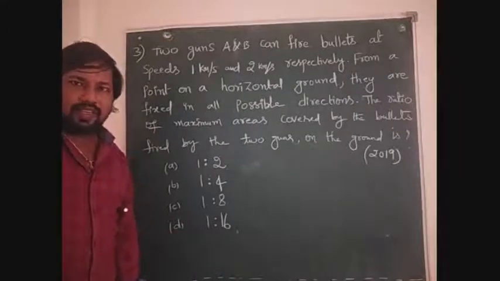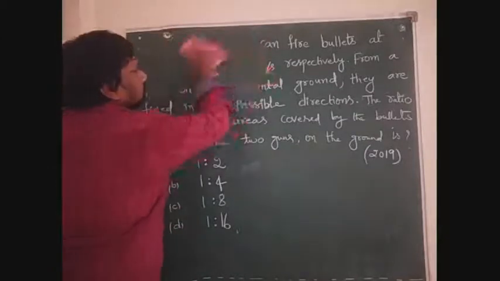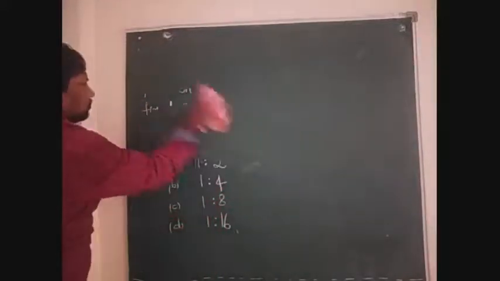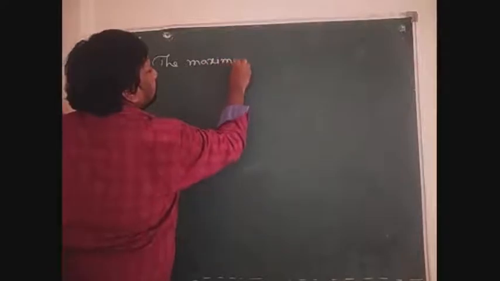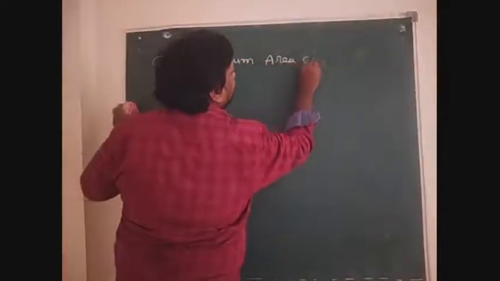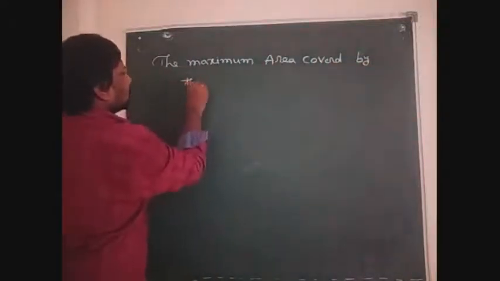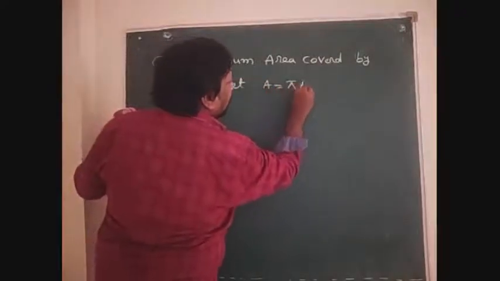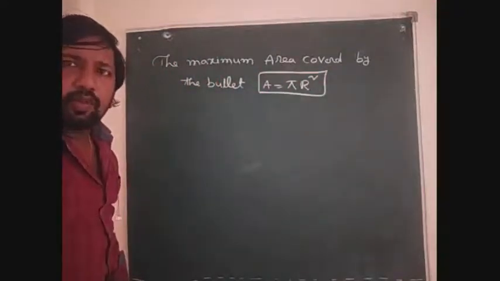Okay, now we discuss the maximum area covered by the bullet in this problem. A equal to pi r square. Here r is the radius, that is the range.